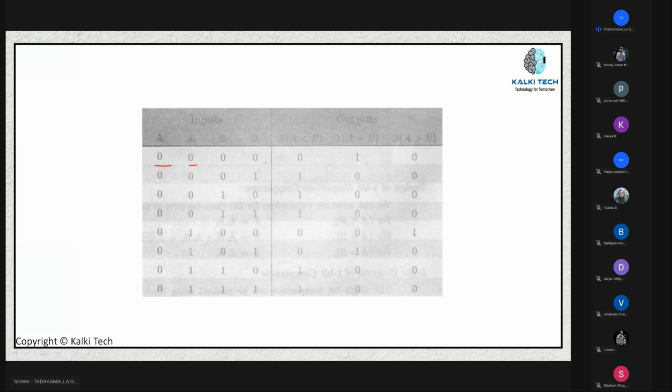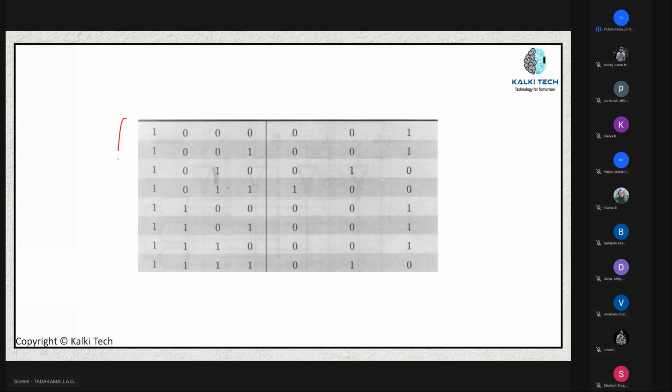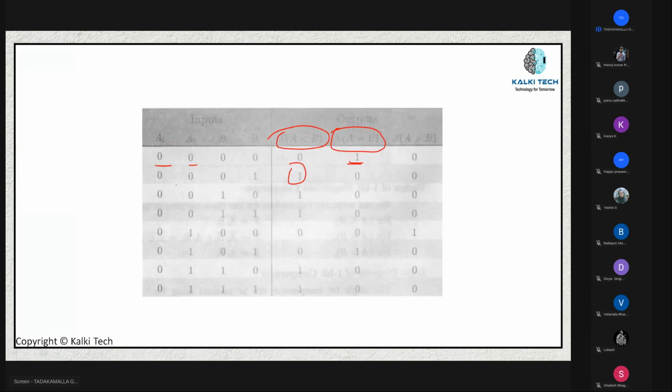These two are equal, so our y will be equal to 1, and if it is 0 0 and 0 1, it is less, so A less than B, x will be equal to 1. Similarly, you can derive all these particular states. Now, these are the possible states. So how many possible values do we have?